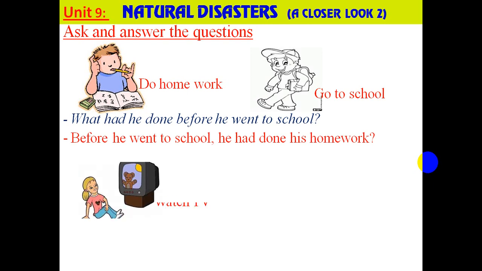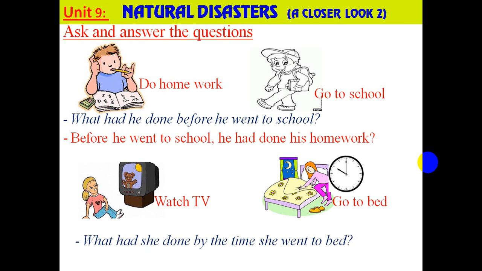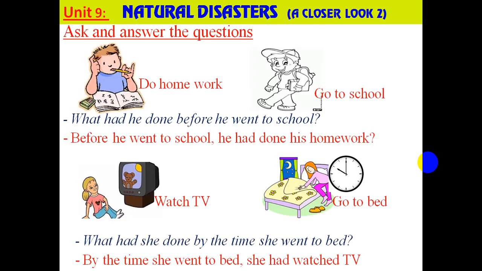Okay, come on, picture, come on, watch TV, and go to bed. What had she done by the time she went to bed? By the time she went to bed, he had watched TV. Okay, the situations before and after. Come on. What had he done before he went to school this morning?